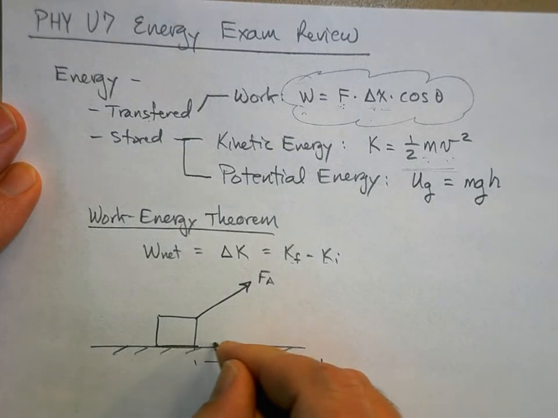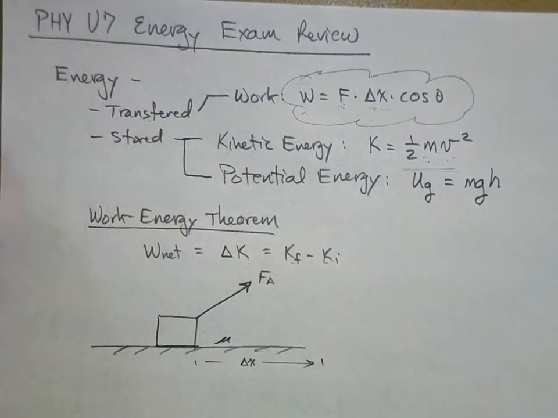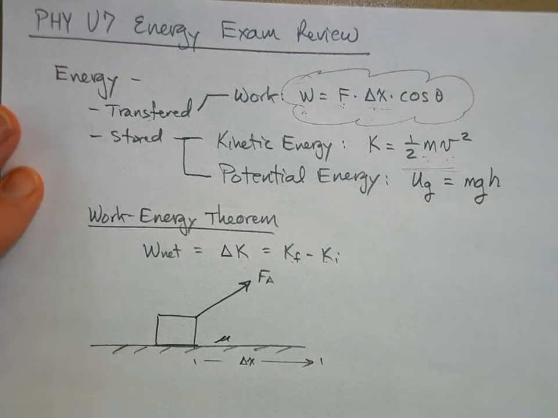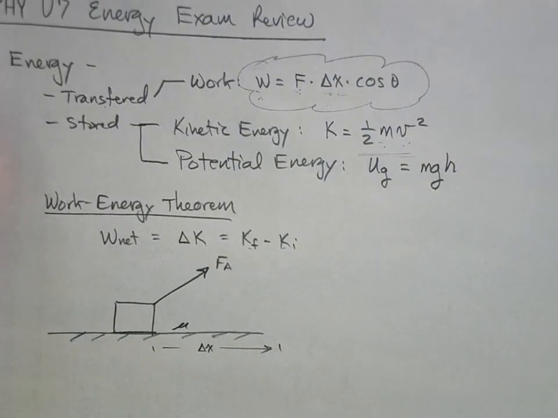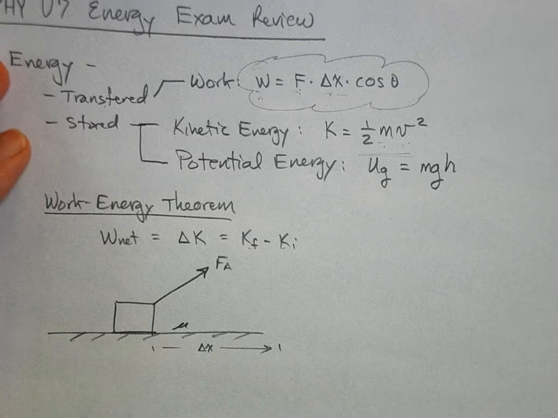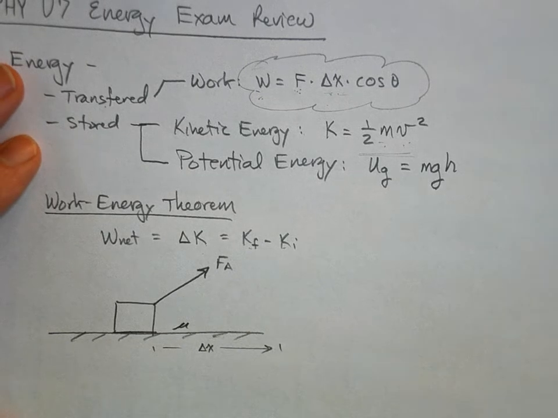And maybe there's friction on it as well. And so I might ask you, what work is done by all the forces acting on this crate? Well, let's draw a free body diagram of the crate.